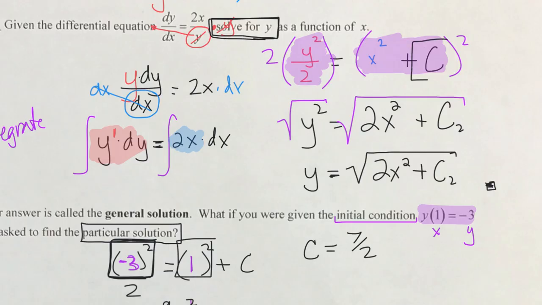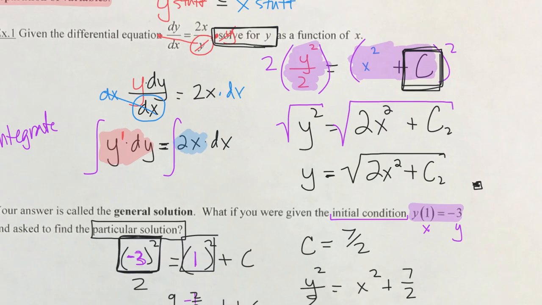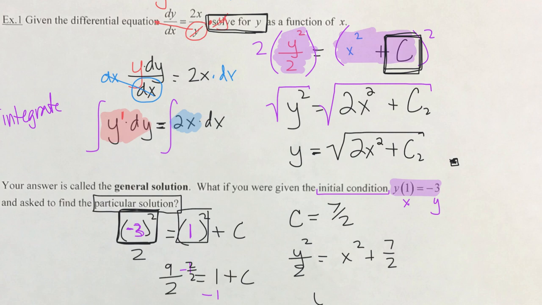That goes into our equation right here: y squared over 2 equals x squared plus 7 over 2. When we solve this for y, doing the same steps as above, we get the final equation: y equals the square root of 2x squared plus 7.